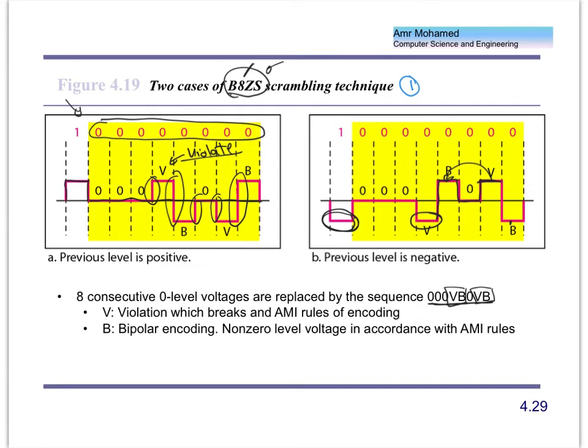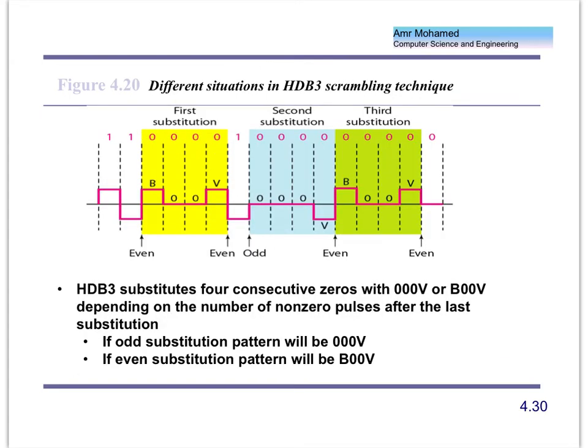In Europe, they tried to do the same technique, with a more conservative approach. In B8ZS, what we try to do is to replace each 8 zeros with 0, 0, 0, and then VB, 0, VB.